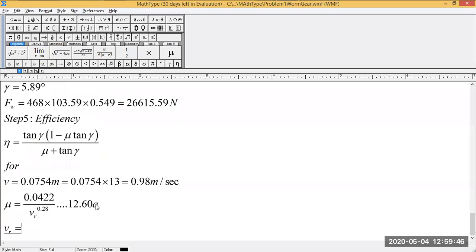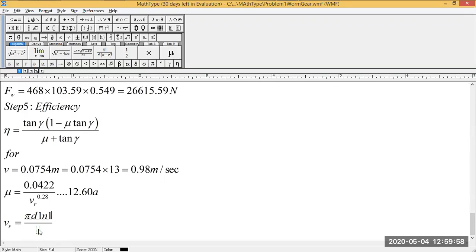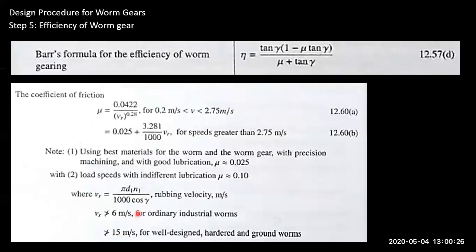So let's input this: pi d1 n1 over 1000 cos gamma, with subscripts.